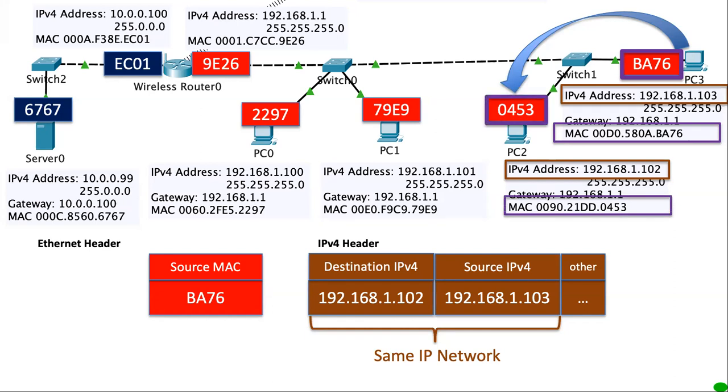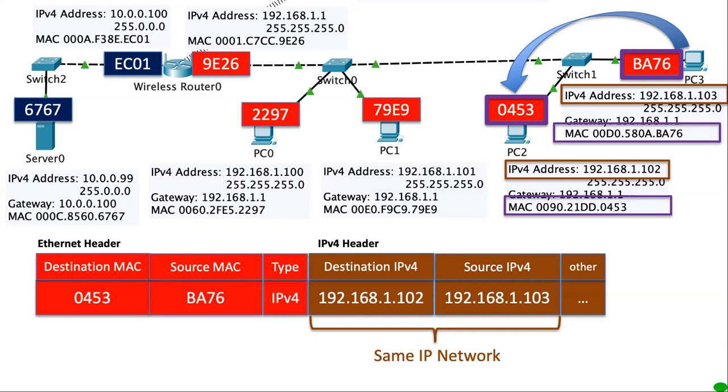PC2 has the MAC address 0453, and that's the destination MAC address in this frame. The rest of the frame is, of course, encapsulated, like the type field saying that an IP packet is being carried in the data, and the Ethernet trailer, the frame check sequence.